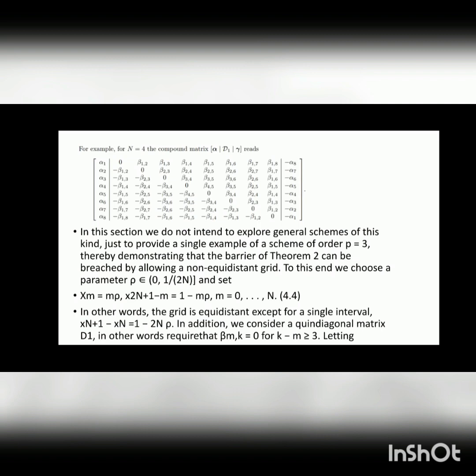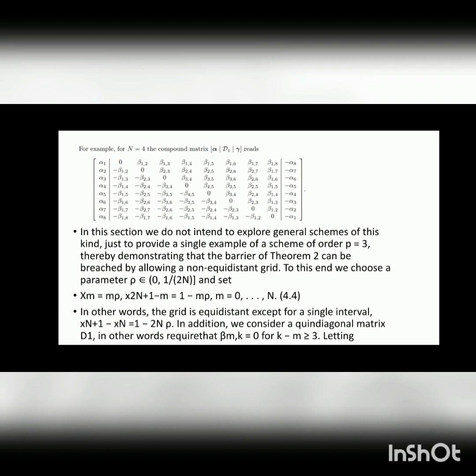In other words, the grid is equidistant except for a single interval: x_{n+1} minus x_n equals 1 minus 2n p.